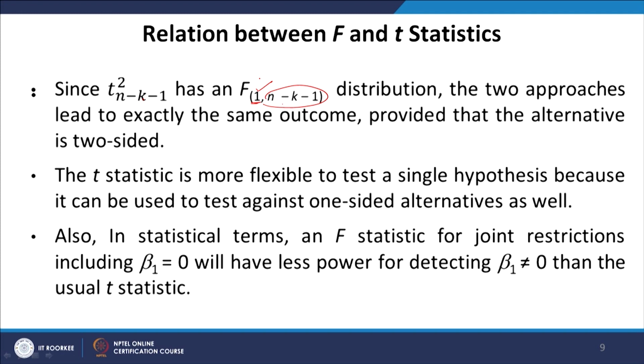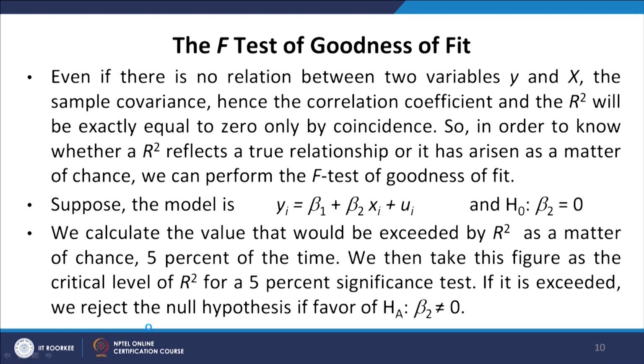So, when we consider joint restrictions, focusing on the significance of a single parameter is more powerful if we go for the t statistic compared to the F statistic.